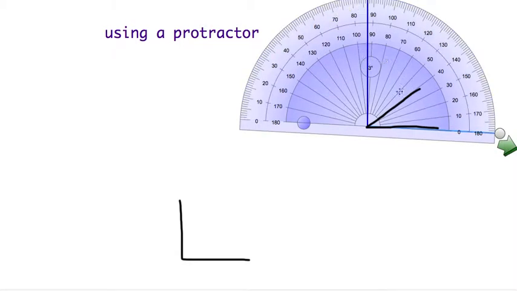And now I can see that my angle facing this direction, I'm going to be using the inside numbers because this is smaller than this angle, which measured at 90 degrees.